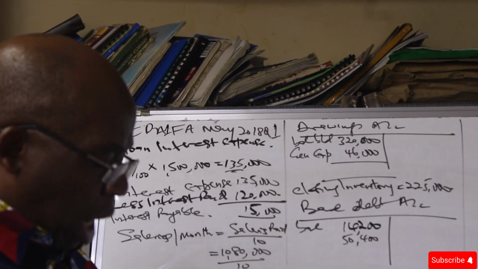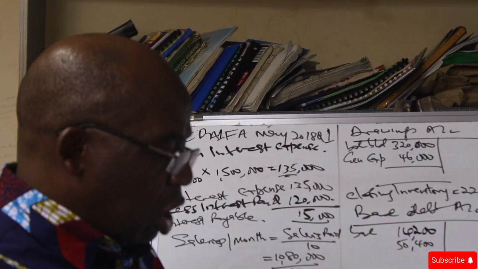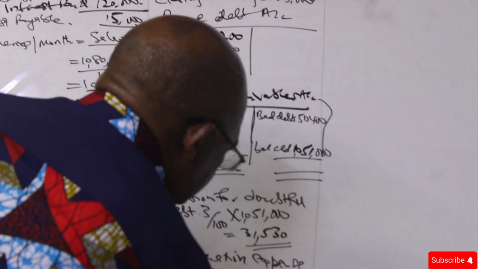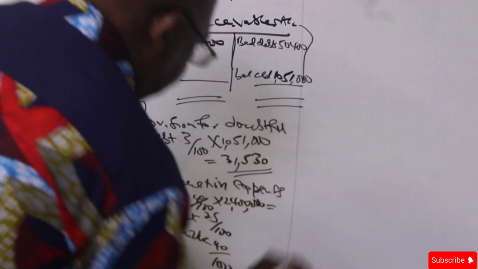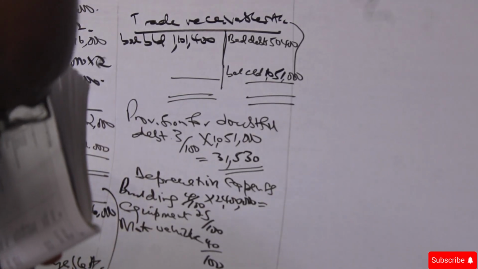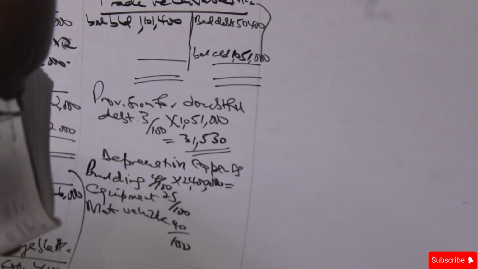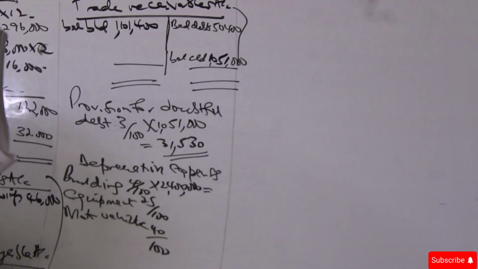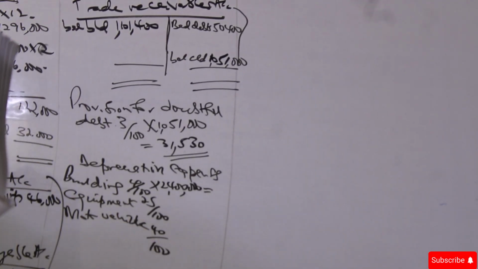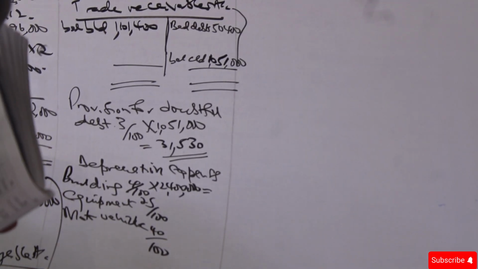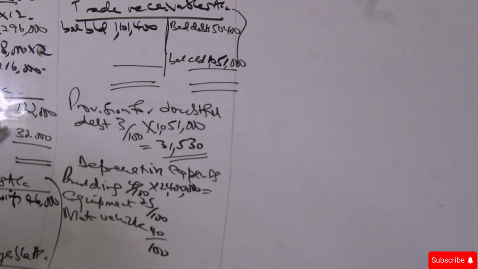So you subtract that 1 million from 3.4 million, and you are left with 2.4 million. You multiply 4% with 2,400,000. 0.04 times 2,400,000, we get 96,000 for building.